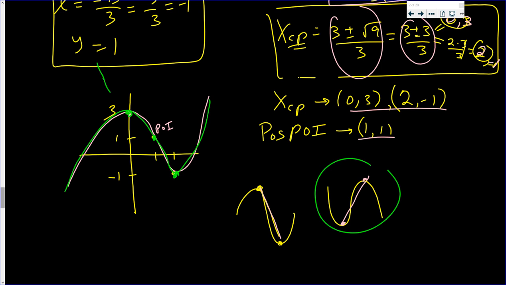I can't be coming down and then going up and end up down here. That one's not working. So, you just have to practice that. If these are the 2 critical points and that's the point of inflection, it has to go like that.